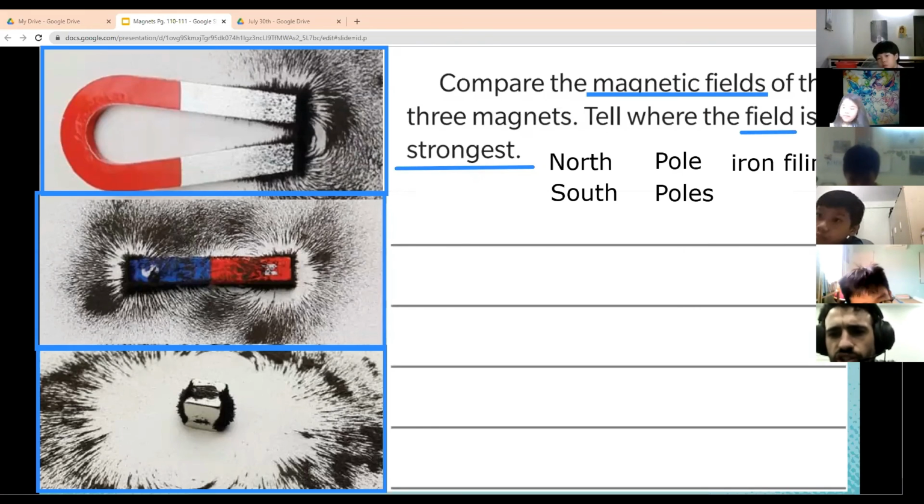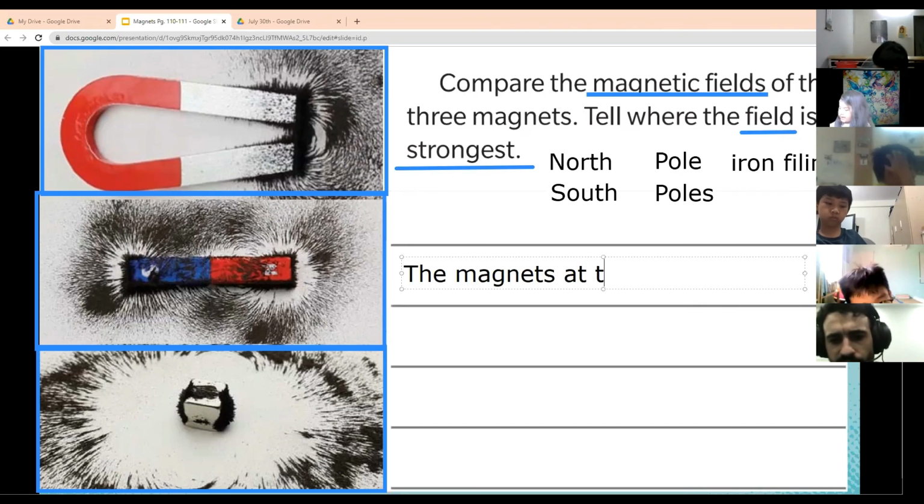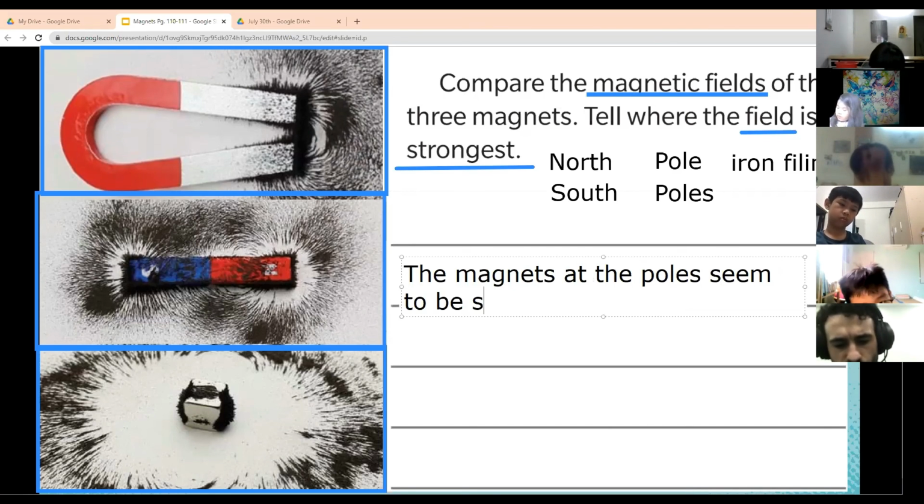Yeah, and where is it the strongest though? Where are all these magnets the strongest? Is it near the poles or near the center of the magnet? The poles or the center? I think the center. The center is the strongest. Okay. The magnets at the poles seem to be strongest.